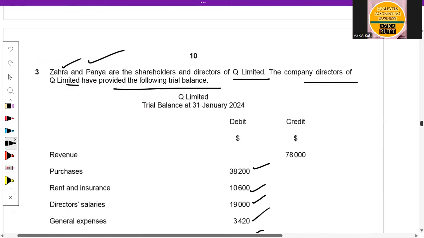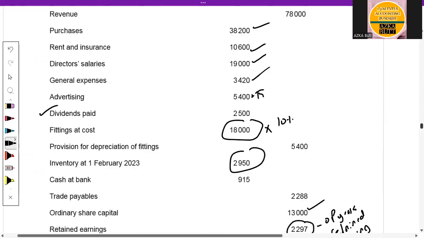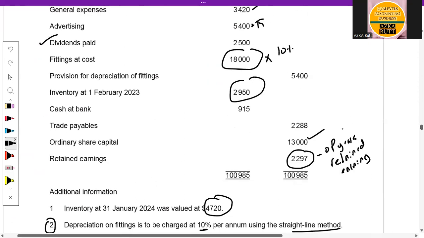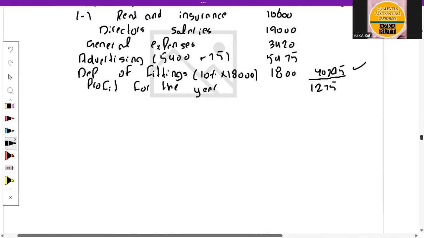It means that this is related to 1st Feb 2023. Yes, this is the opening balance of 1st Feb 2023, and we need to find out the retained earnings for the closing year, and the closing year is 31st January 2024.